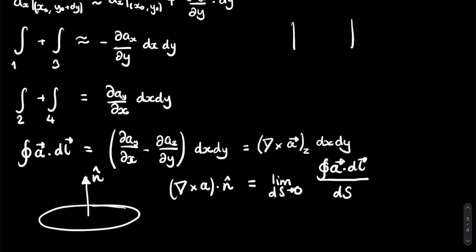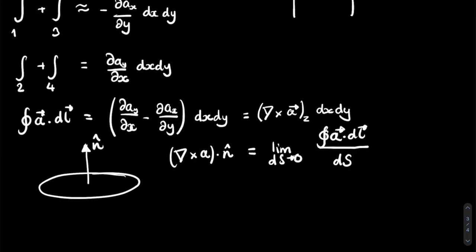So as you can see, the curl of A in the direction normal to the plane in which we're integrating is the limit as this surface gets tinier and tinier, then you can see what's going to happen.